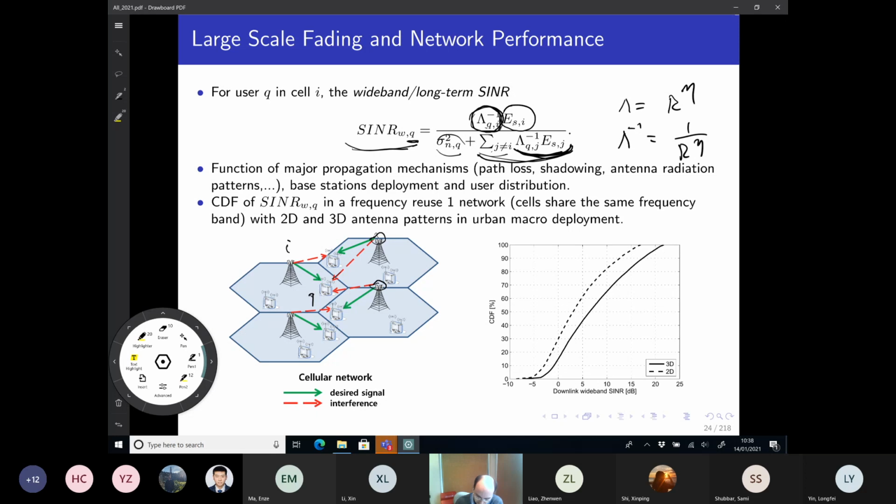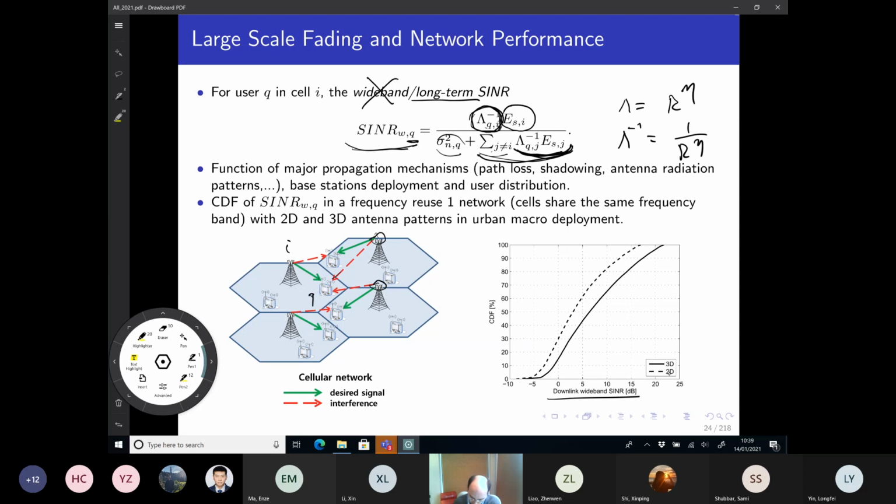And so a typical CDF, for instance, is as follows. This is your long-term SINR, wideband. Don't think too much about wideband here. It's just long-term in the sense that it does not include the small-scale fading, just includes the path loss and the shadowing. So this is a typical CDF that you can get.